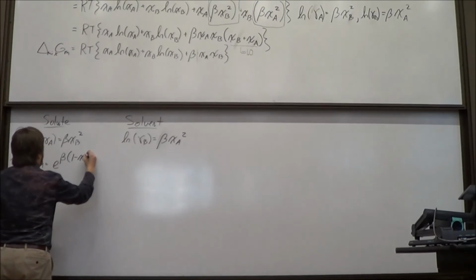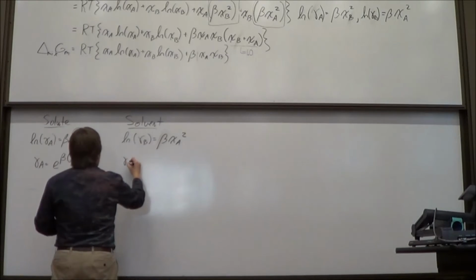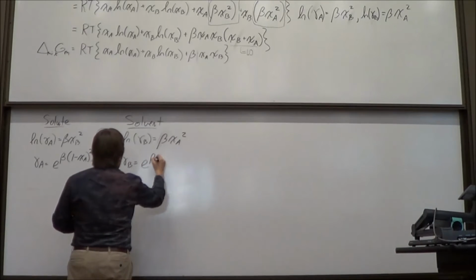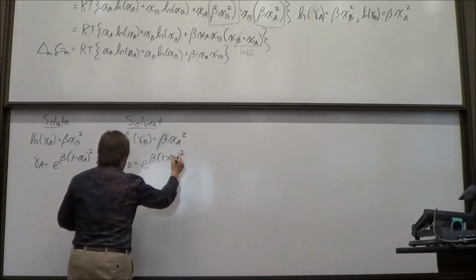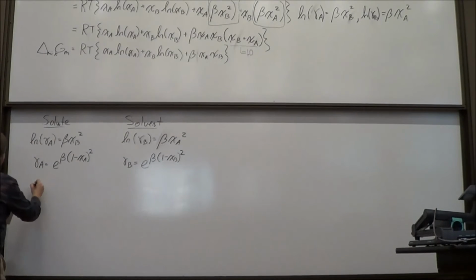I want to think about the solvent and the solute depending on each other. So here's the correction factor for the solvent: e to the beta (1 minus chi B) squared. Did I do that right? Miracle enough.